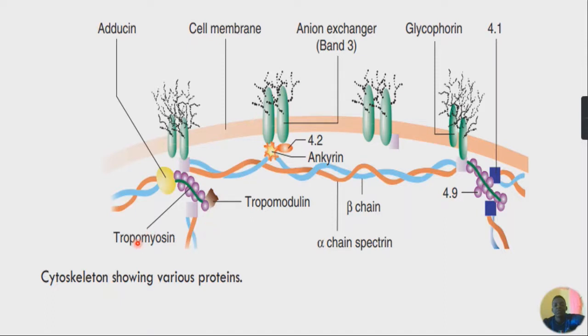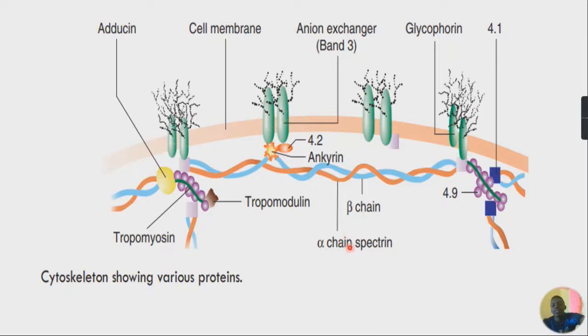Now you can see we have tropomyosin, tropomodulin, adducin. This is the cell membrane I've been talking about. Then we have anion exchangers, which are transmembrane proteins. Then we have ankyrin, which anchors these fibers to the proteins of the cell membrane.